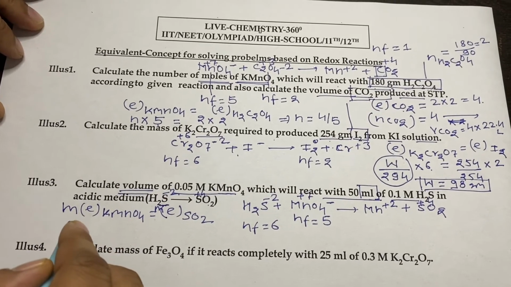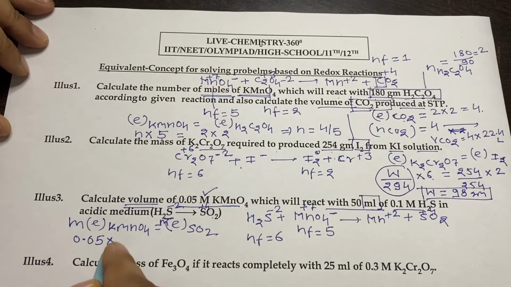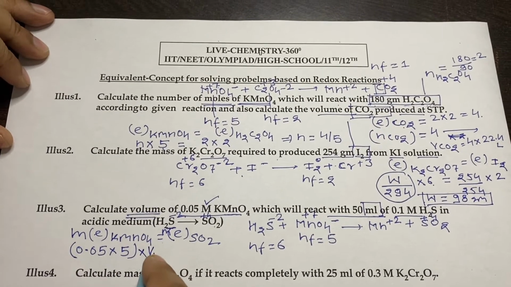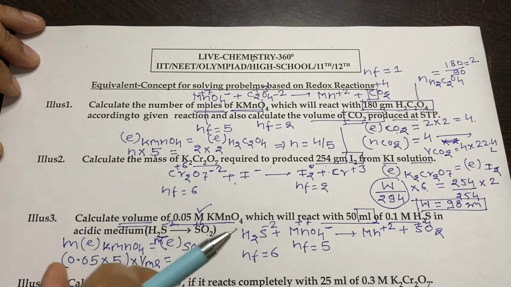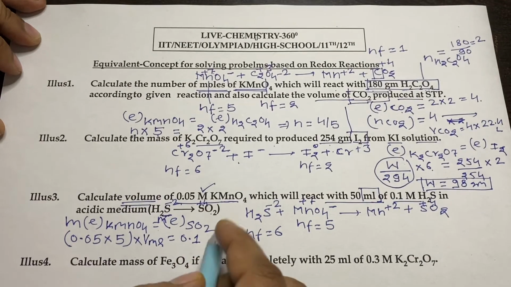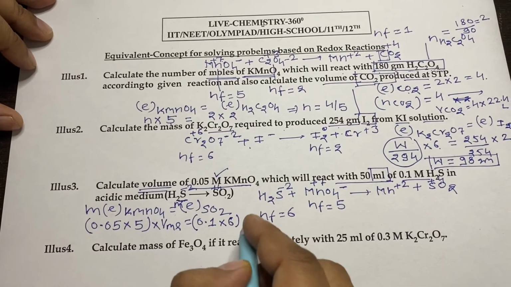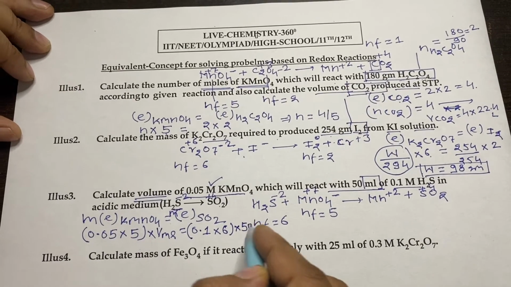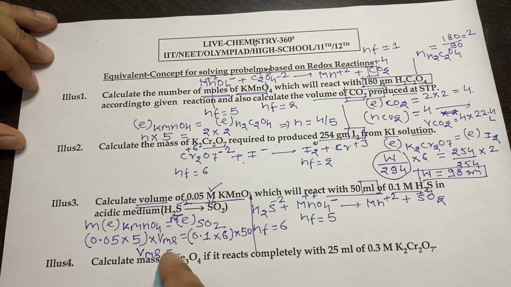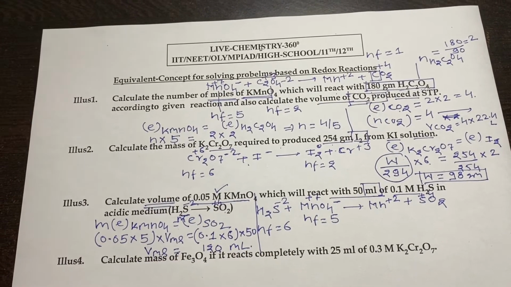So 0.05 is the molarity, and the n factor is 5. This is normality, and now V ml, now this has become milliequivalents. Now 0.1 into 6 has become normality, and into 50 now it becomes milliequivalents. So we can calculate this, and the volume you will get will be 120 ml, right?